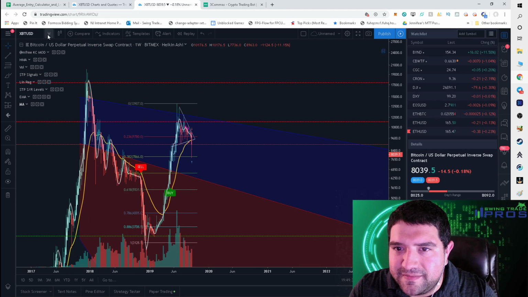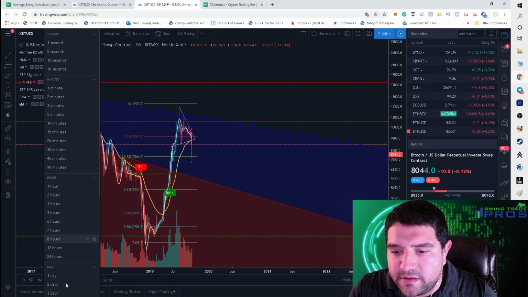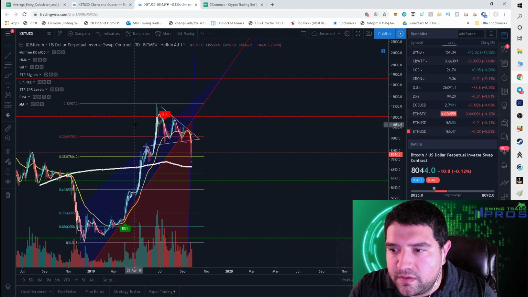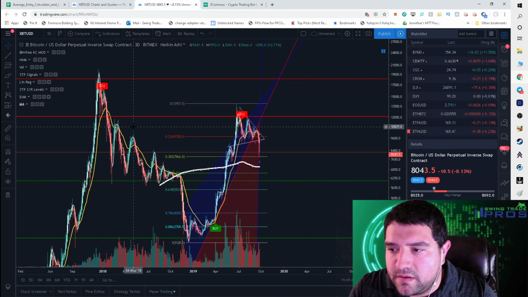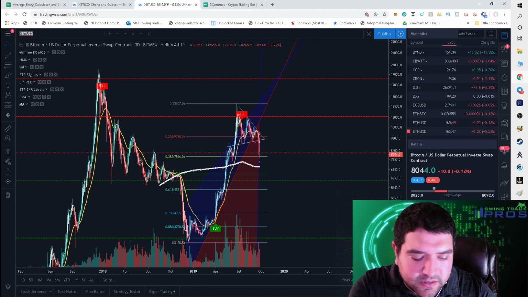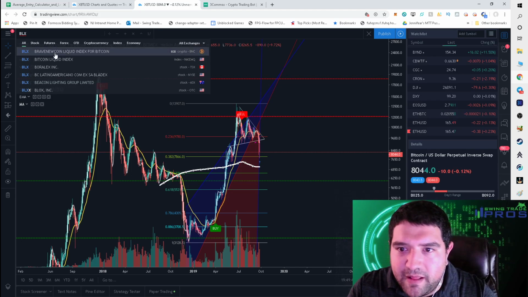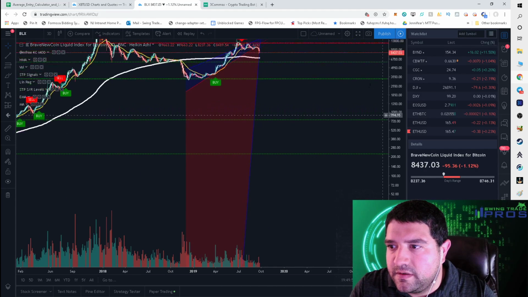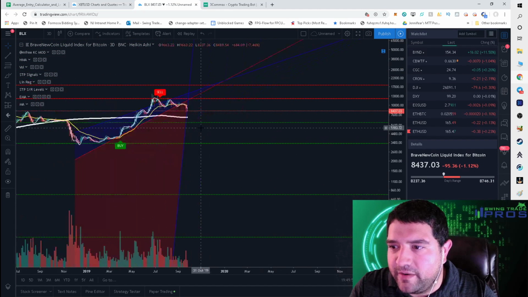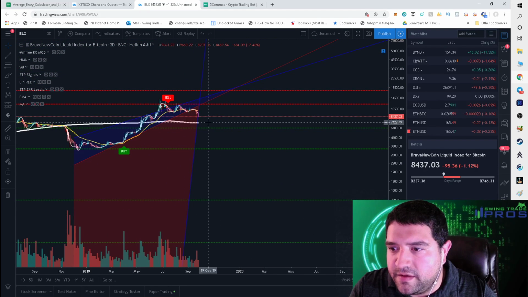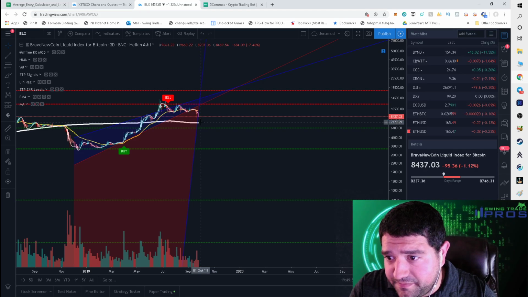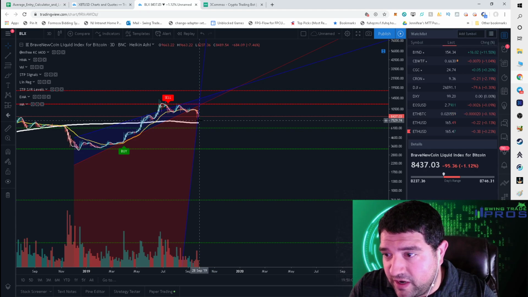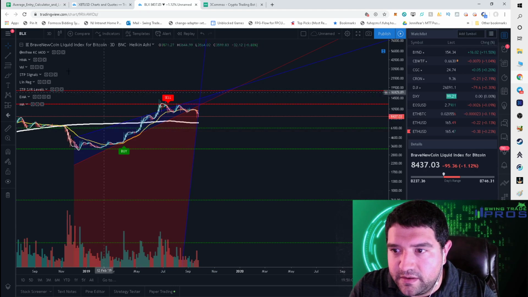This chart doesn't do it justice, it doesn't have enough data. If we go to the BLX, we'll be able to see the 200 EMA. The 200 MA is this big white line, and on the weekly it's right around 7,500.